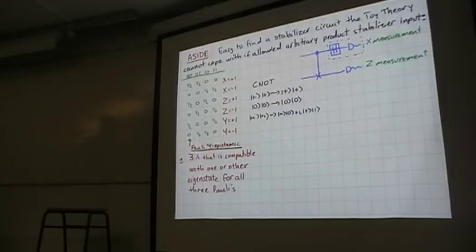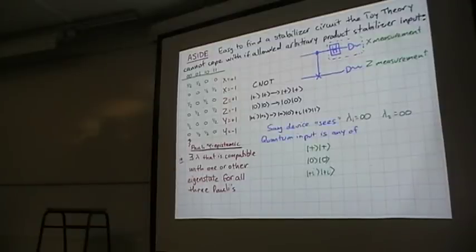deal with. Here's a simple one that just consists of do a CNOT gate and measure the one toy bit in the X basis and the other in the Z basis. Okay. So imagine that the measurement devices see that the ontic state for the first toy bit is 0, 0, and for the second toy bit is 0, 0.